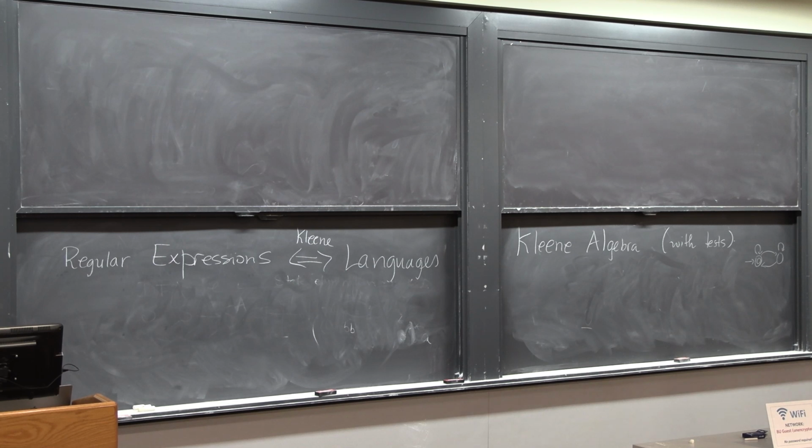This is actually an example of a language where the automaton is much easier to write than the expression itself. There are not many examples like that, but that's one of them. So things that involve counting are usually better with automata.